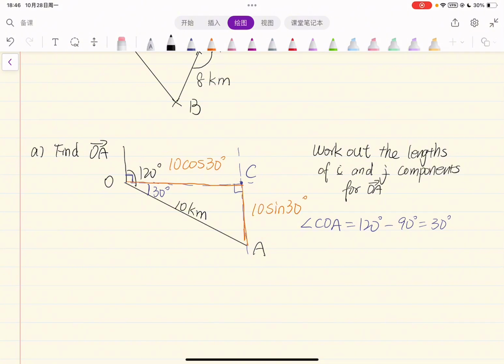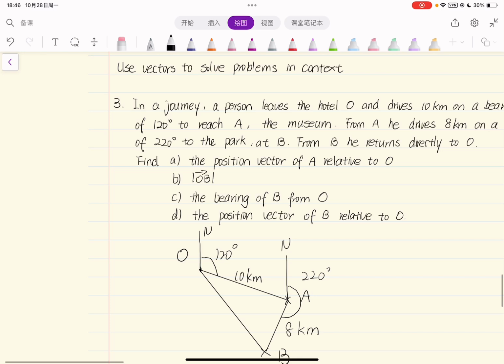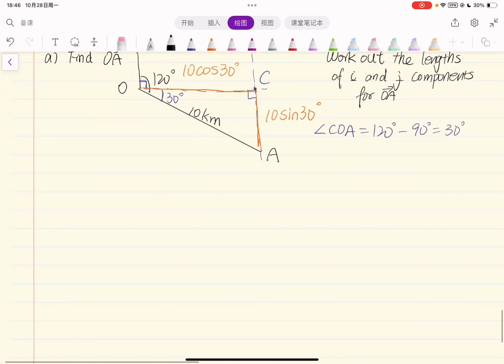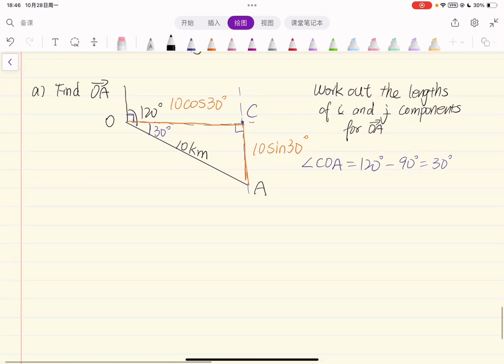So we can write down that the vector OA equals 10 times cosine 30 degrees i plus 10 times sine 30 degrees j.